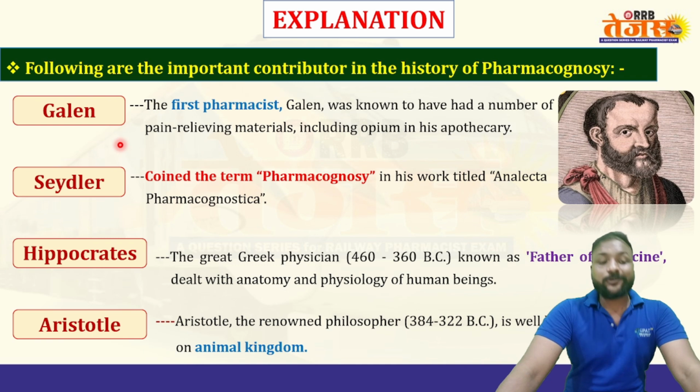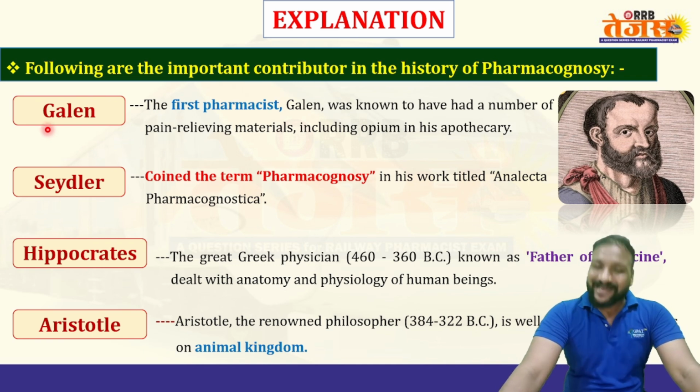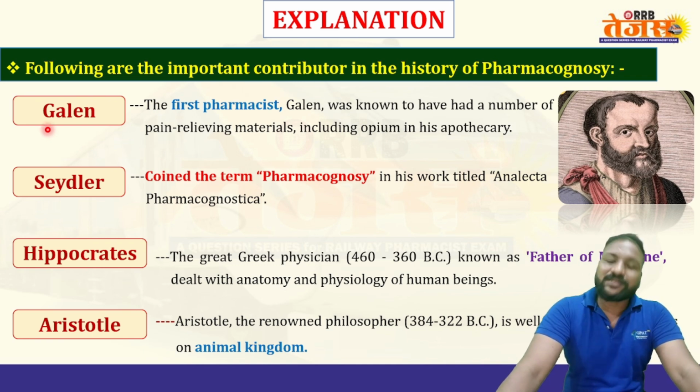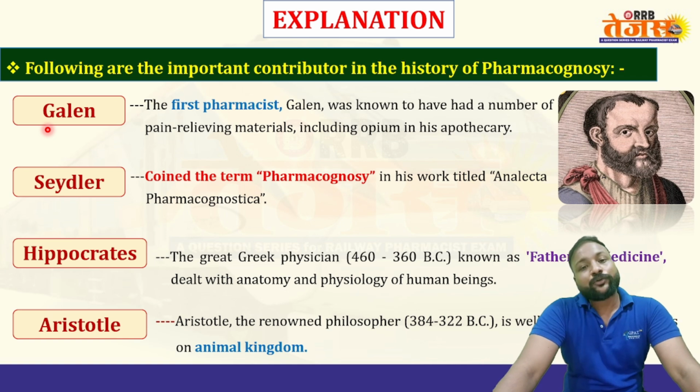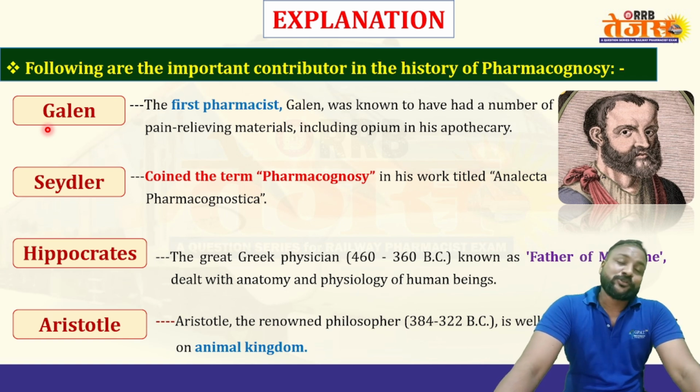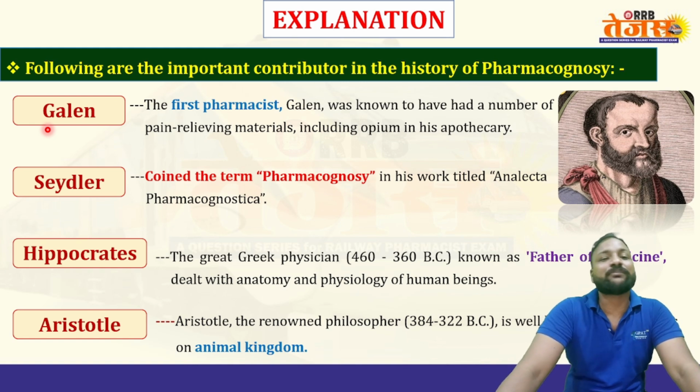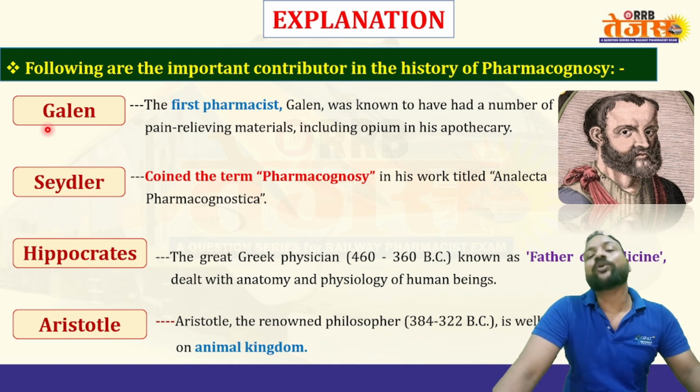apothecary. And also, Galen was considered the first pharmacist because of the work he did to prepare so many medicinal drugs, and also he extracted a lot of chemicals by using his own methods.